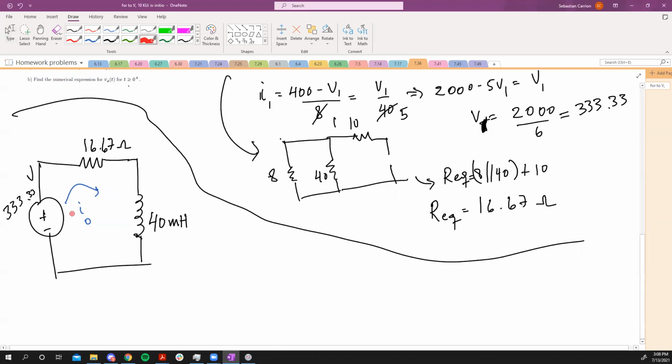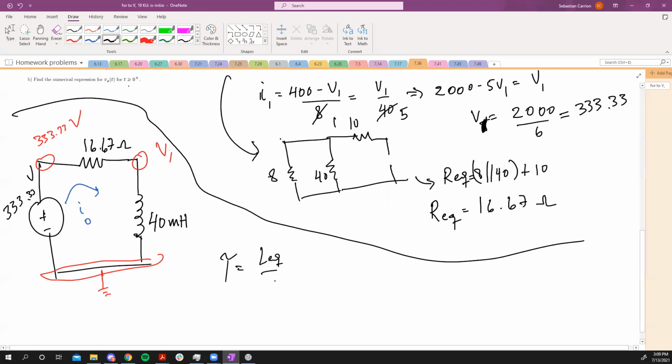So make this bottom ground. Right, so this is 333.33 volts. It's gonna be our V1. Okay. Since we already have an R equivalent and we have our inductance, we can find our tau, right?